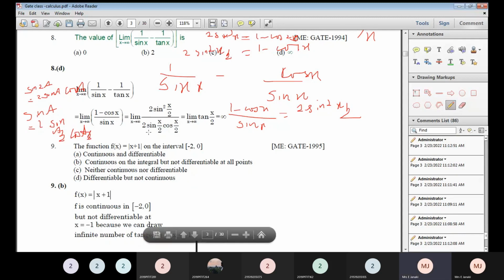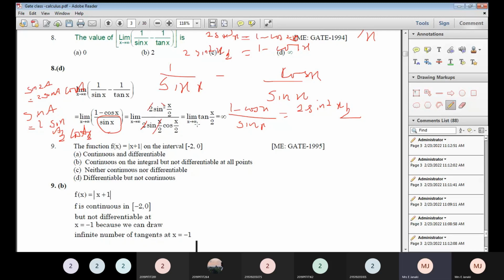So now apply this for sin x. Instead of sin x, you replace 2 sin x by 2 into cos x by 2. Now clearly the 2 gets cancelled, and sin x by 2 with the square power cancels. Finally you get sin x by 2 by cos x by 2. You know that sin theta by cos theta is equal to tan theta, so tan x by 2.